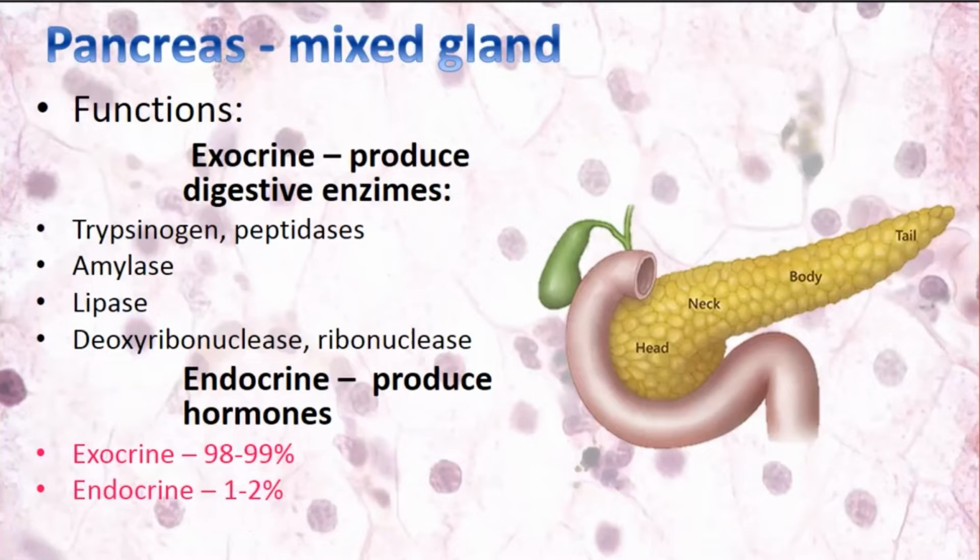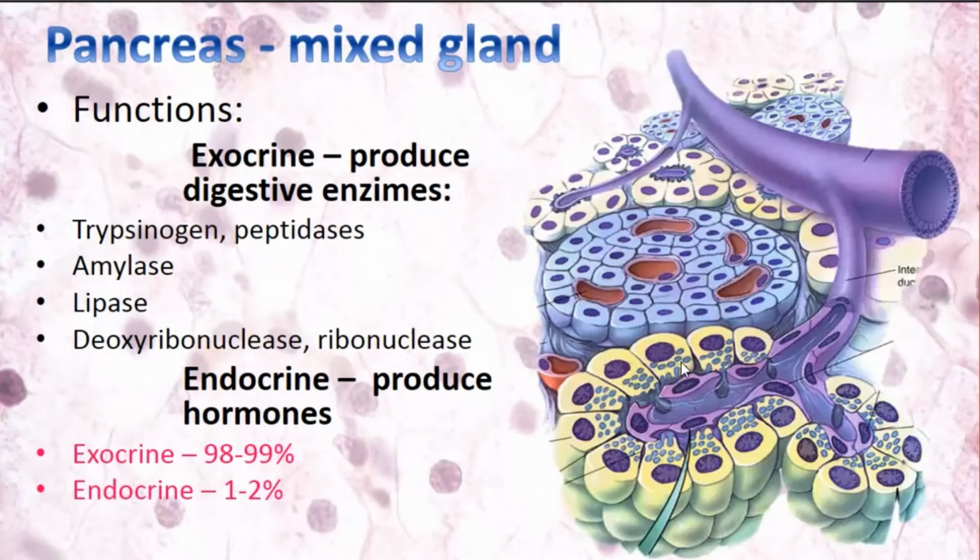But both functions are very important. Because pancreas is a mixed gland, its exocrine part is involved in the functioning of the digestive system, and its endocrine part is involved in the functioning of the endocrine system.